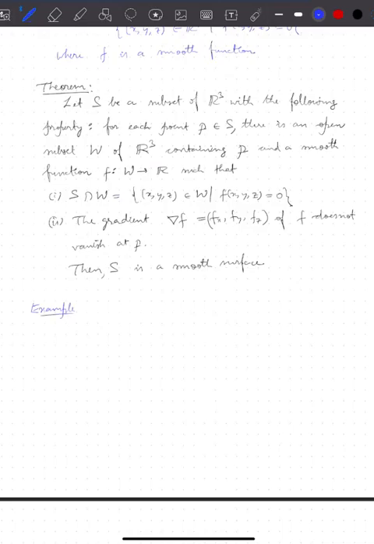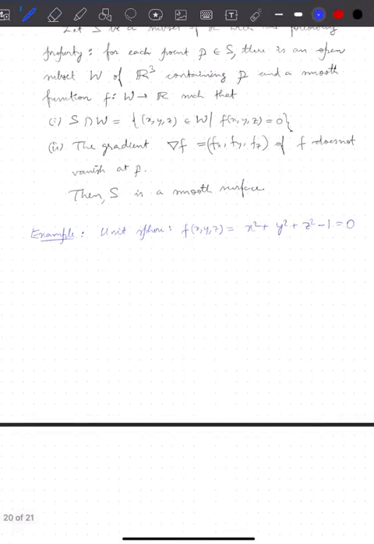Say one such example is the unit sphere. In this case, we write the surface as x squared plus y squared plus z squared equal to 1. Ideally, it has to be of the form f(x, y, z) equal to 0, so x squared plus y squared plus z squared minus 1 is equal to 0. And then the grad of f.